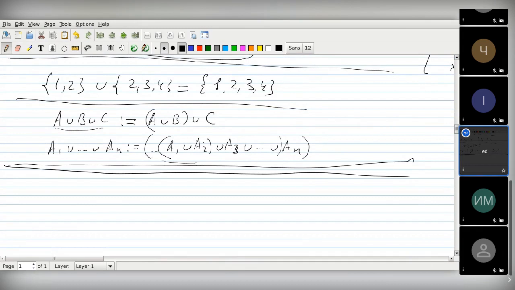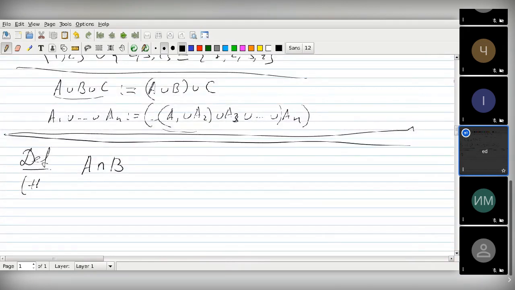Now, we may define two more binary operations which should also be familiar to you very well. The intersection of A and B, or the meet of the sets.